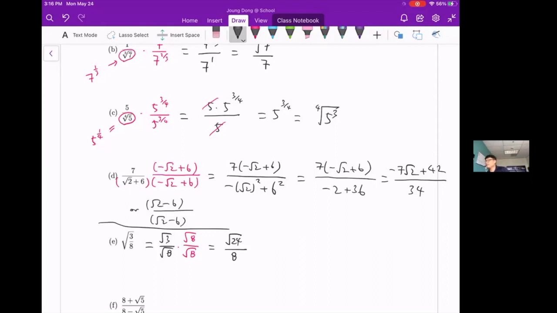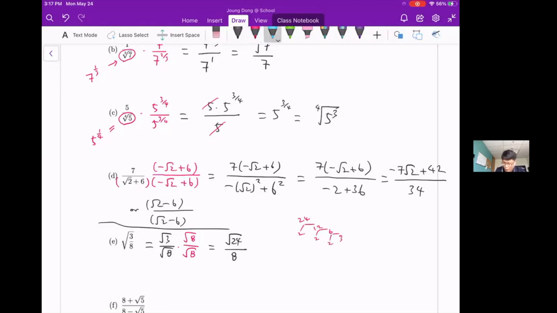Let's do the factor tree for 24, on the side. 24 has 2, 12, 2, 6, and 2, 3, right?